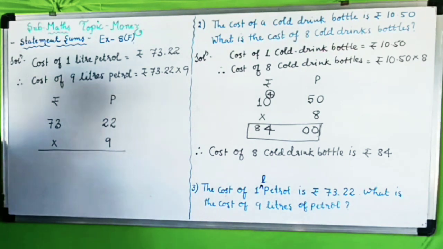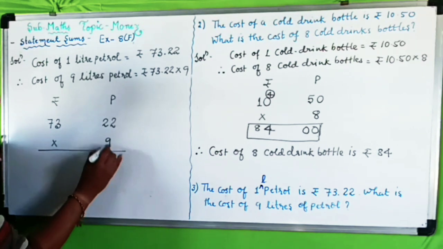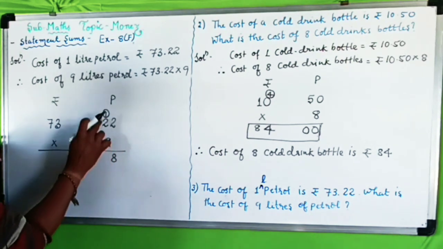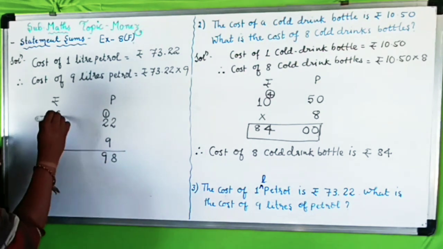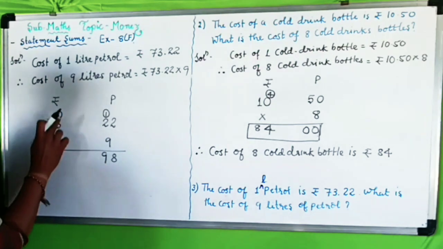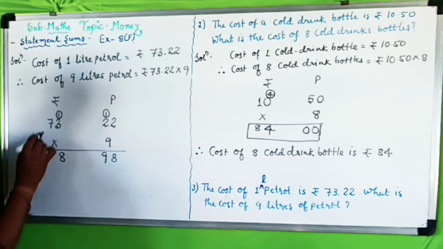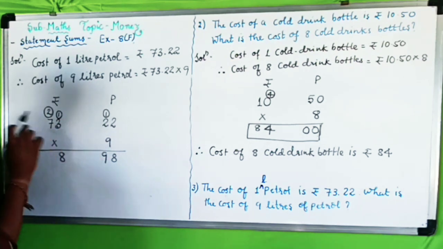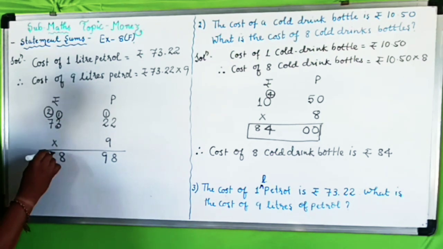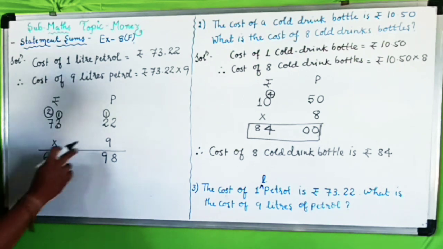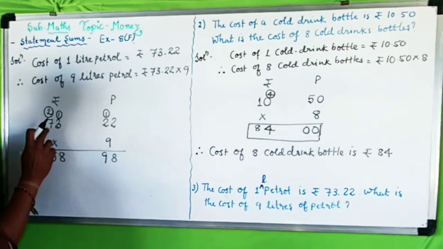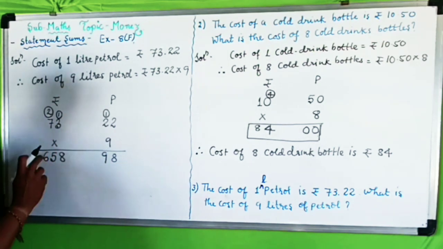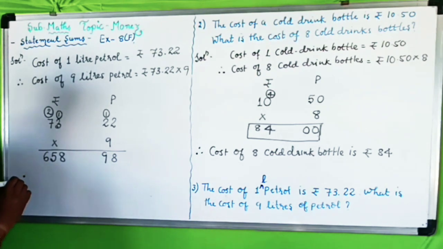Now we will solve it. 9 2s are 18, 8 down, 1 carry forward. 9 2s are 18 plus 1, 19, 9 down, 1 carry forward. 9 3s are 27 plus 1, 28, 8 down, 2 carry. 9 7s are 63 plus 2, 65.